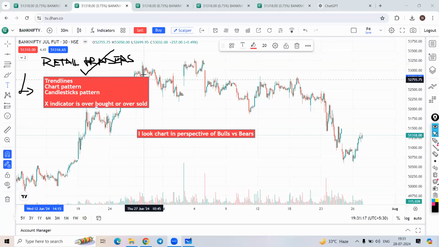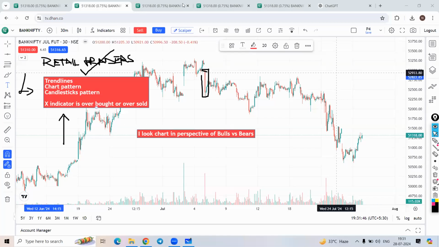I don't know how many traders are ready to give an honest answer, because the perspective in which you look at the market is the reality. I could see everyone is saying yes. My God, everyone is telling me yes, they are looking at the chart in this perspective: trend line, which chart pattern is forming, what candle pattern is forming. Problem, sir. Can you understand the core problem?